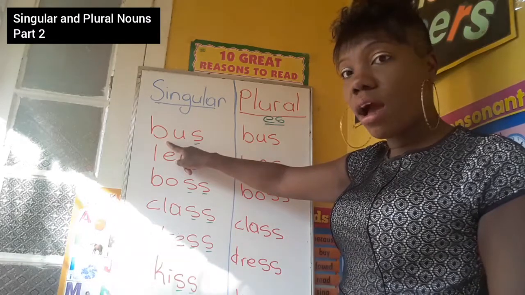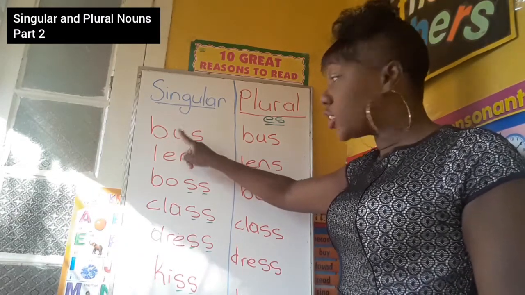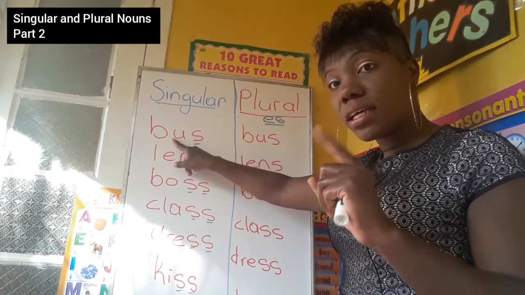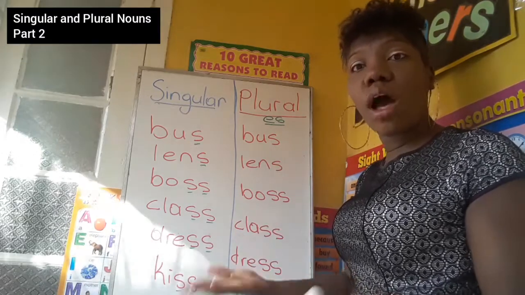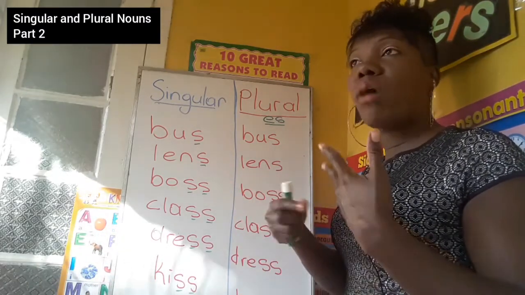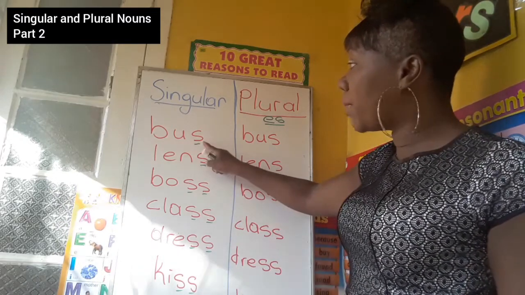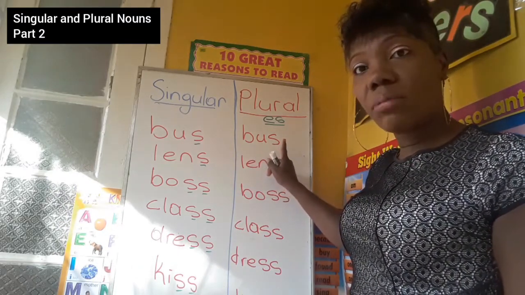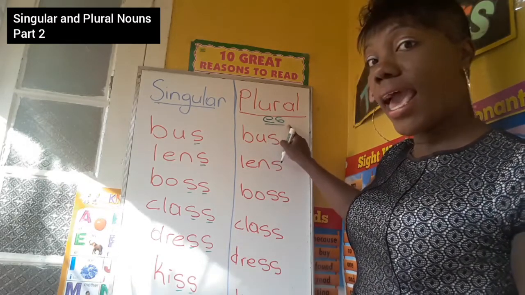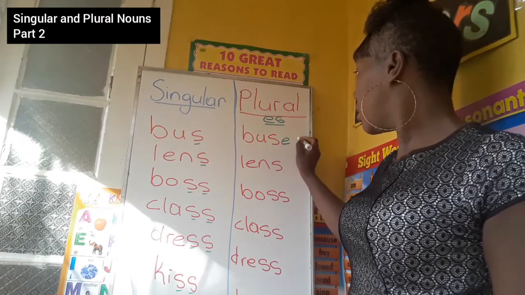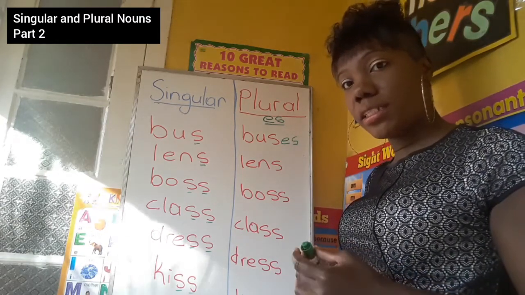This is the word bus. So this is one bus. Now we want to make bus become more than one, so we're talking about probably 2, 3, 4, 5, 6 buses. To make bus plural we add ES, and that is now plural: buses.